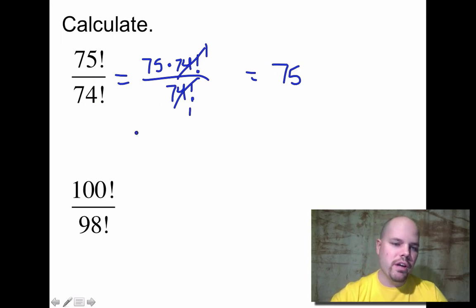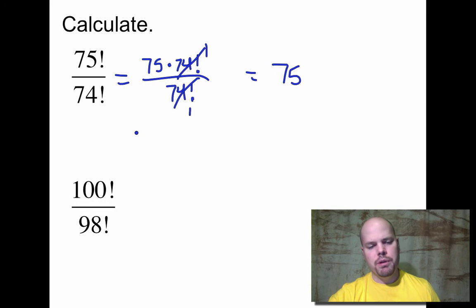All right, what about 100 factorial divided by 98 factorial? I know most of your TI-83s and 84s would not even do this type of problem because it will give you an overflow because there's too big of numbers. You wouldn't need it to do this if you understand factorial notation.